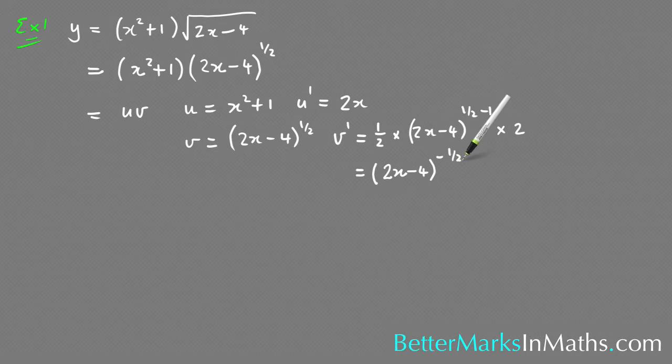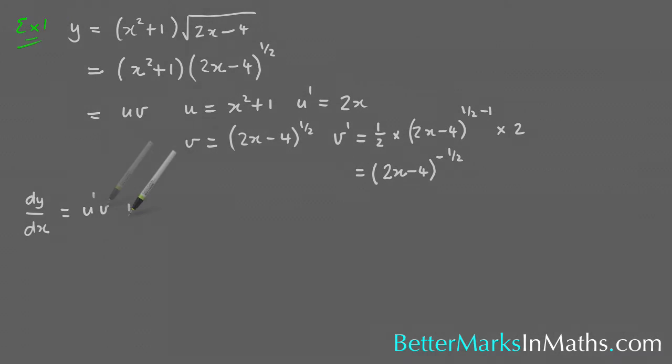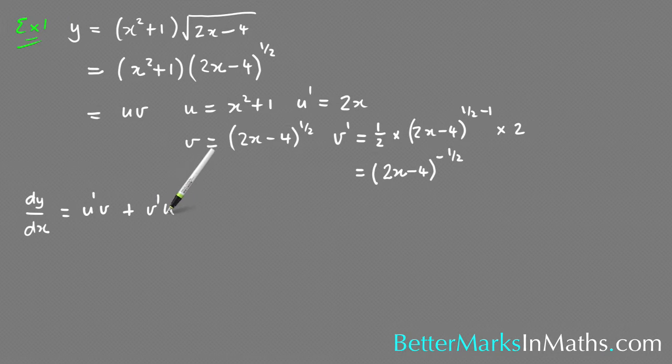1 half times 2 is 1, times this is just this thing, which is 2x minus 4 to the minus 1 half. And then dy dx is now the same thing as in the last few examples, so u dash v plus v dash u, and then subbing them in. So u dash is 2x times by v, which is that, 2x minus 4 to the power of 1 half, plus v dash, which is this, times by u.